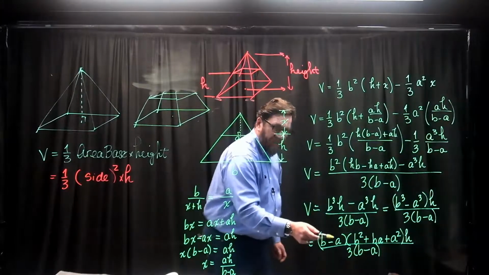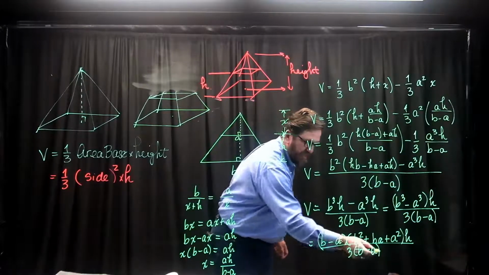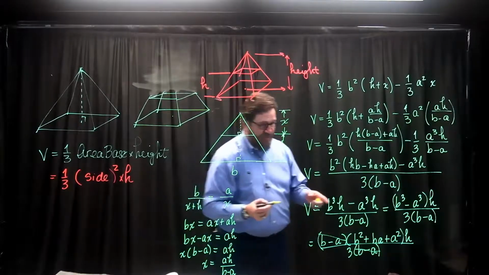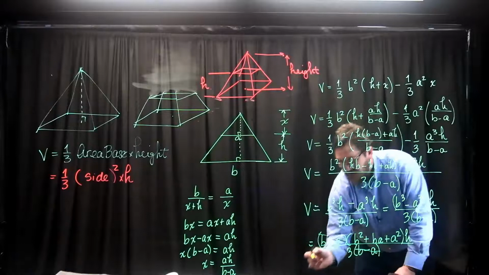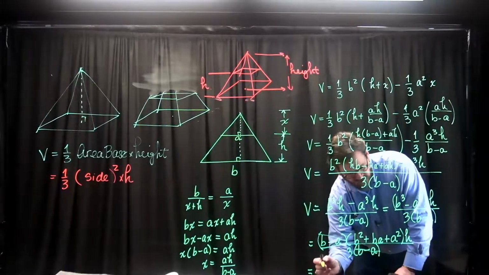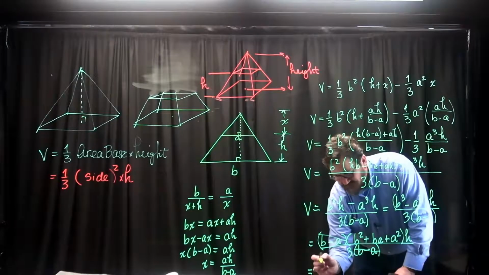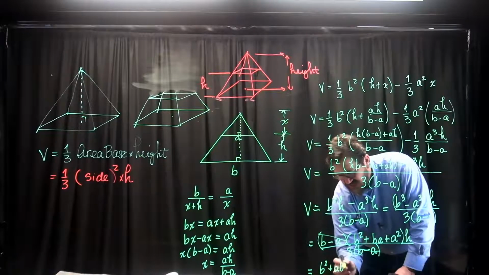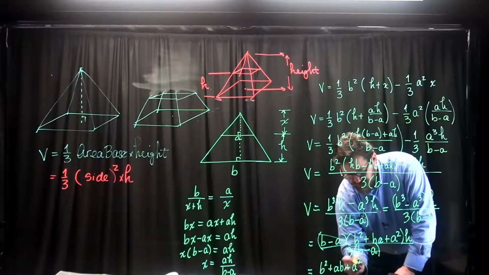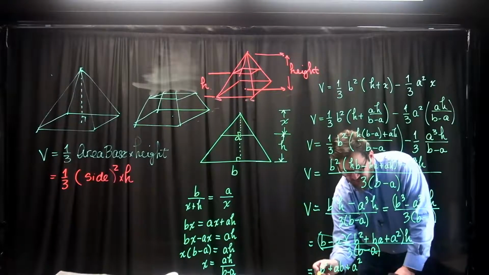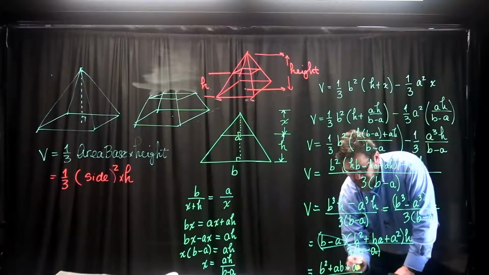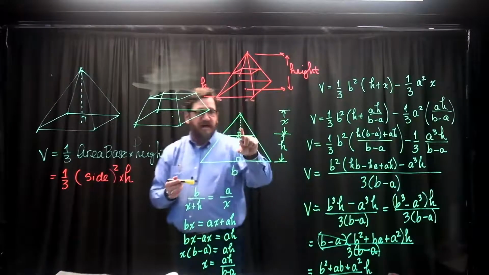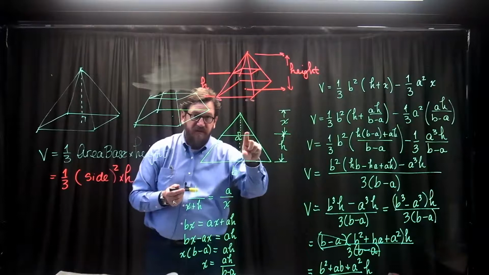But notice b minus a and b minus a will take care of themselves by division, and I'm left with a very simple formula for the volume of a truncated pyramid. And it is b squared plus ab plus a squared all over 3 times the height. And that h is the height to wherever you've built to so far.